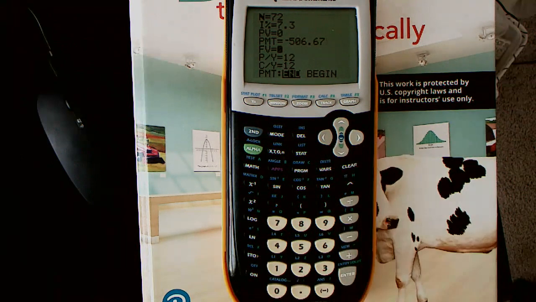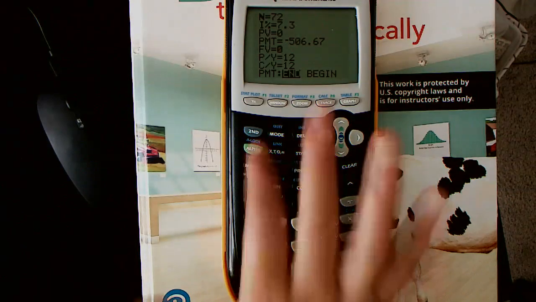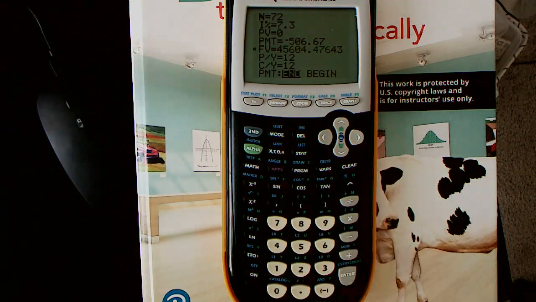And your future value is something we are going to solve for. P per Y and C per Y are going to be 12, because you deposit the payment at the end of every month, and the interest is compounded monthly as well. So keep those as 12. And we are going to solve for future value.